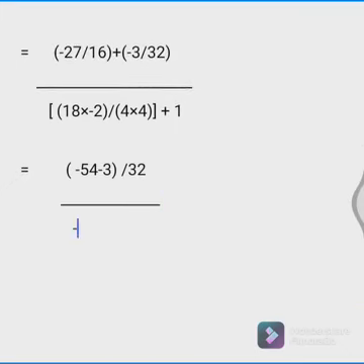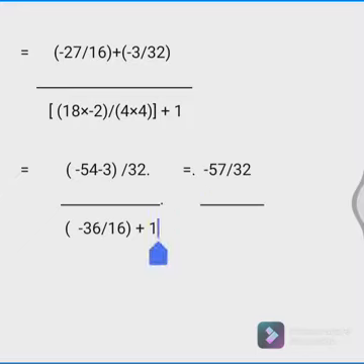So for the denominator, we have -36 over 16 plus 1. So that will give us -57 all over 32 for the numerator, while for the denominator, we'll divide 36 and 16 by 4, giving us minus 9 over 4 plus 1.